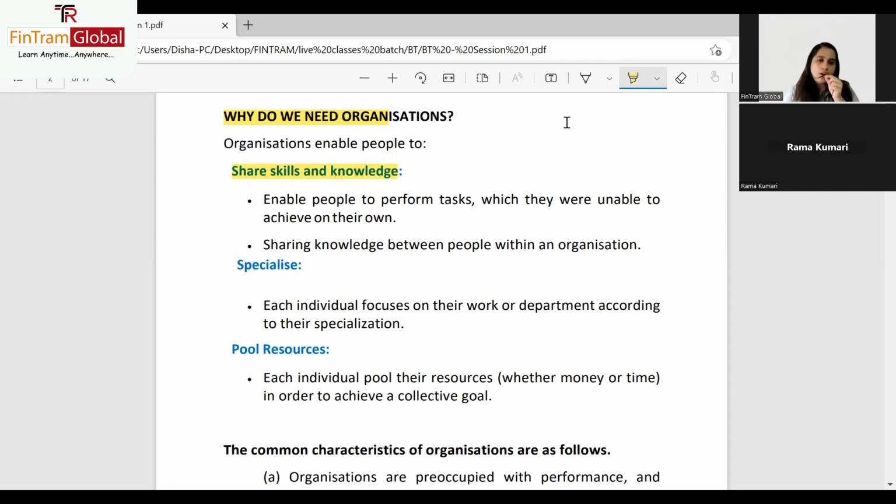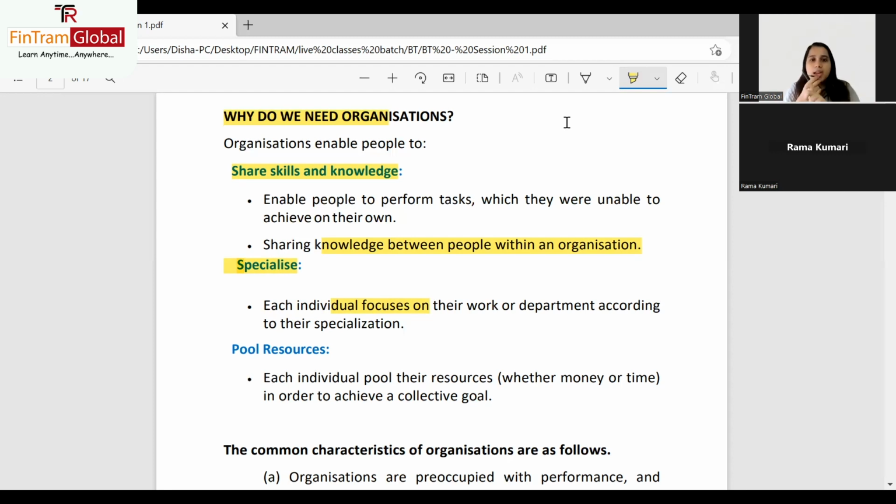There's sharing of knowledge. Then of course there's specialization, because each individual will focus on the work that they are getting in their department, right? So if I'm an ACCA, I would be working in the audit department or accounting department, right? I will not go and work in the marketing department because I don't have specialized skills in that.